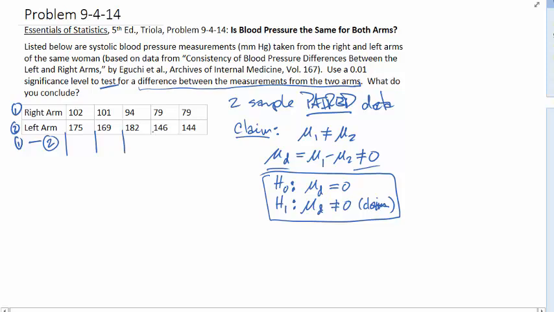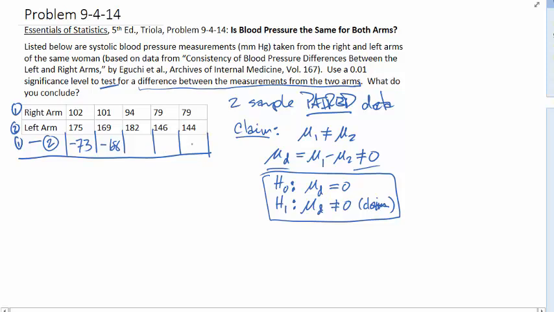This is going to be a combined list by subtracting. So when we subtract, you got 102 minus 175. I think this is negative 73. And 101 minus 169 might be negative 68, etc. Now, we can fill in this table a little bit later because we're going to let our calculator do our work for us.